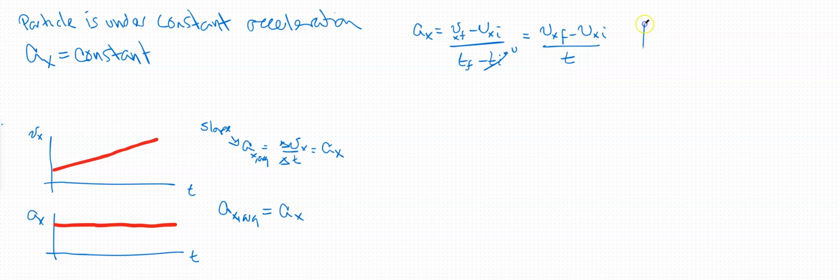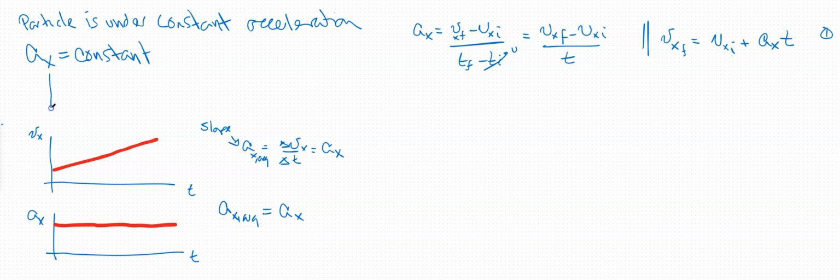Another way to write this equation, the same equation in a different flavor, is that the final velocity in the x-axis is going to be the initial velocity plus the acceleration times time. So these two equations are extremely powerful and very important for us, and I'm going to call this equation 1 in the constant acceleration package.